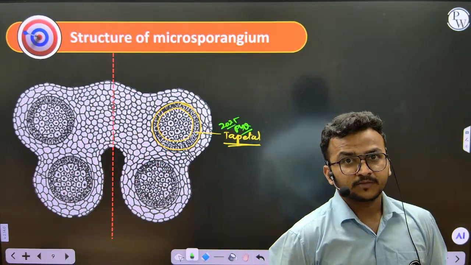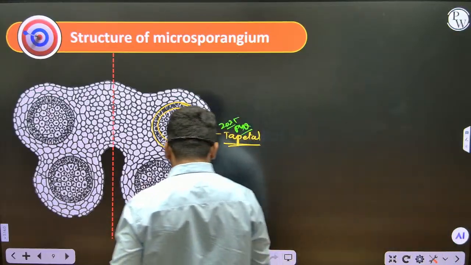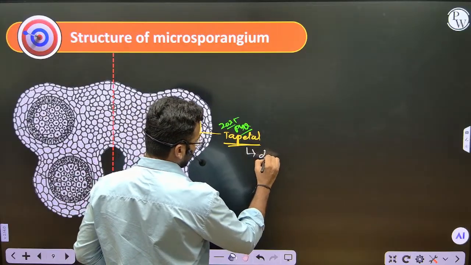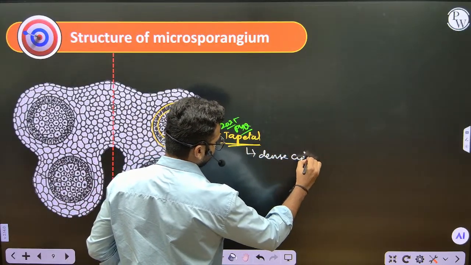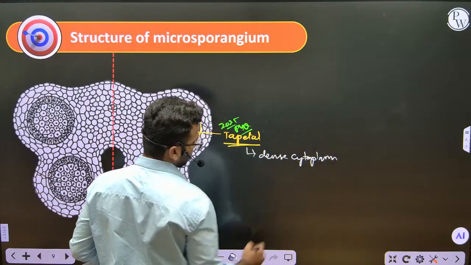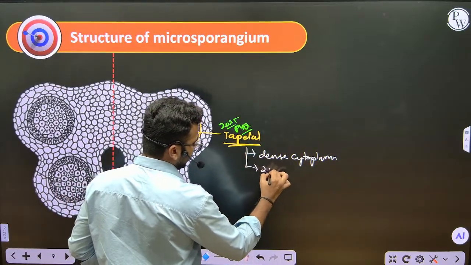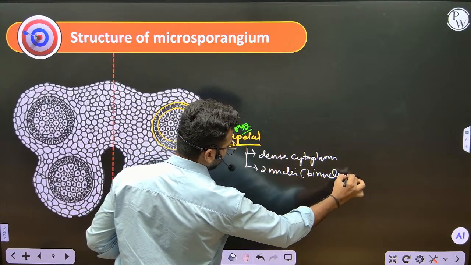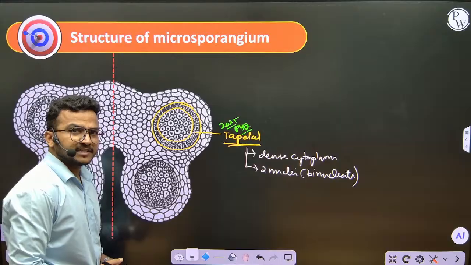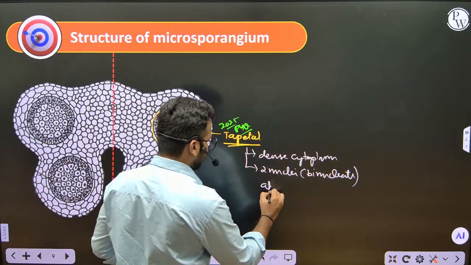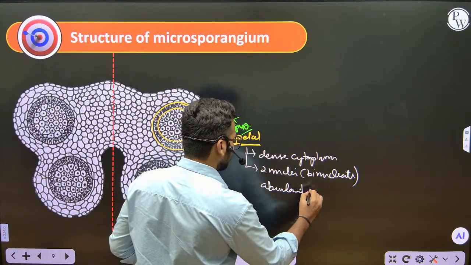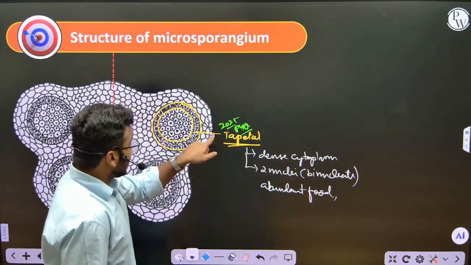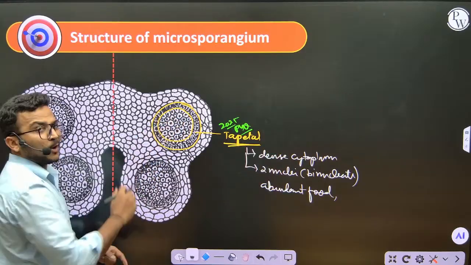So how do these tapetum cells look? They have dense cytoplasm or protoplasm, and they have 2 nuclei, which is binucleate, and abundant food material is there, which nourishes the developing pollen grains.